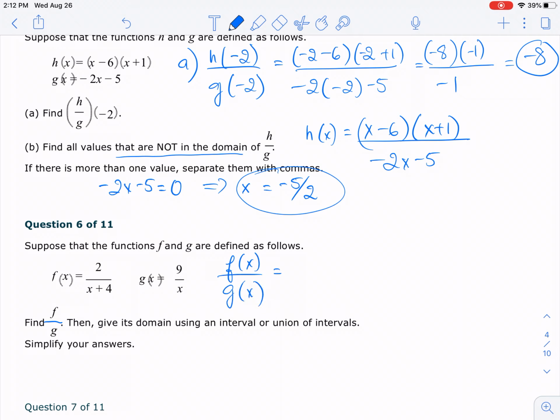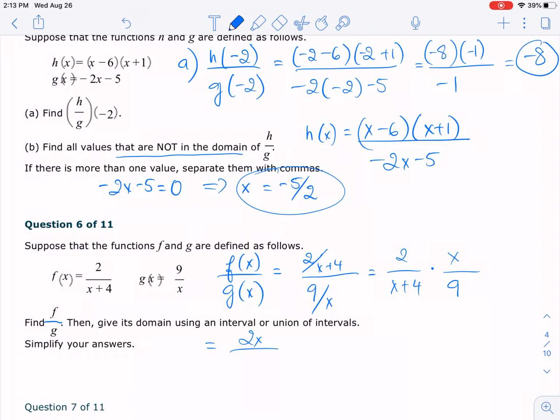So in this case, we have (2 over x plus 4) over (9 over x). So don't forget, when you divide, you multiply by the reciprocal. Okay, so I'm just going to simplify it.